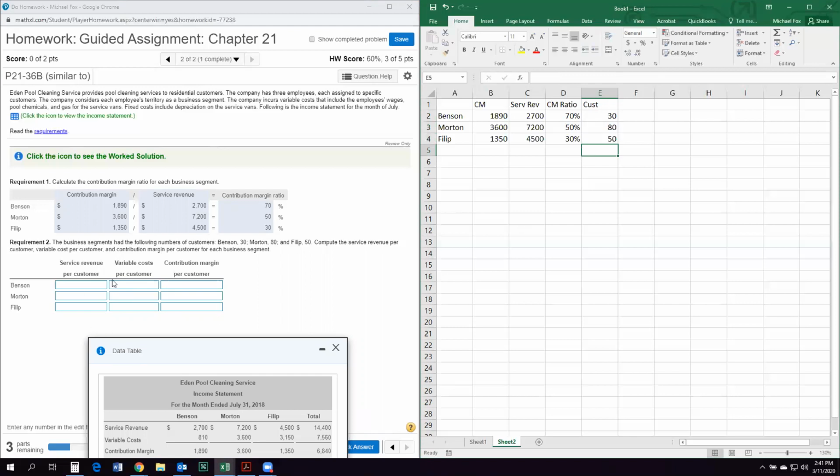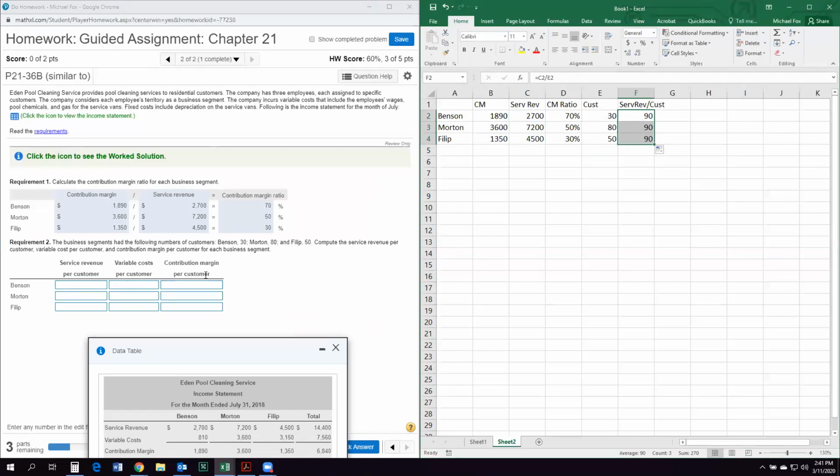So to find our service revenue per customer, we do just that. We just take the service revenue divided by the number of customers. So each one did $90 per customer.